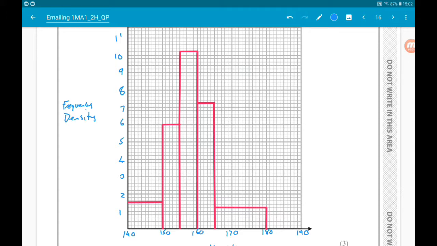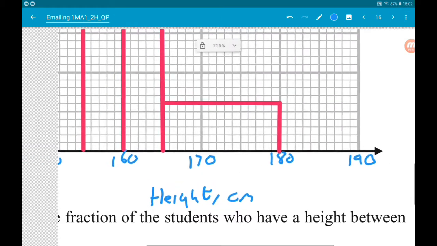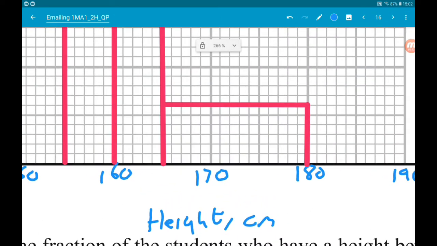Cool. So then, for part B, we want to work out an estimate for the fraction of the students who have a height between 150 and 170 centimeters. Okay, so all that we need to do is work out the area of the bars between those two numbers.